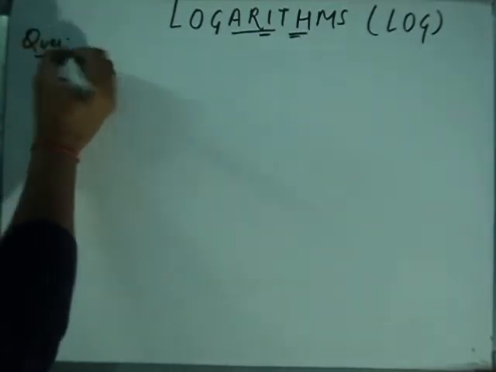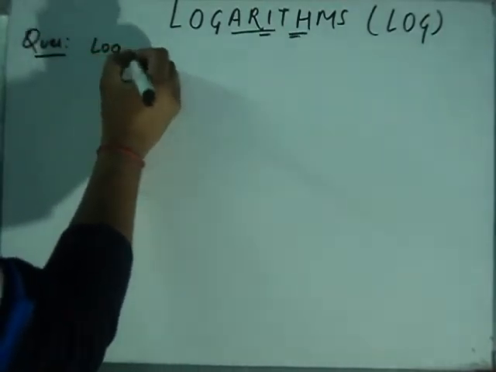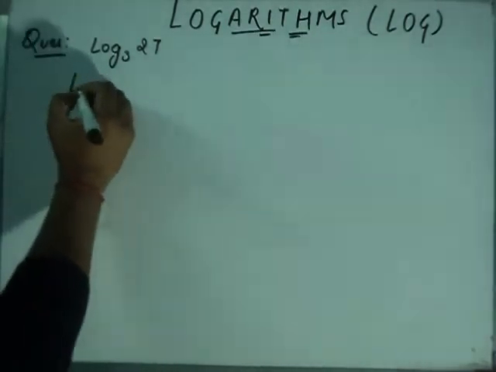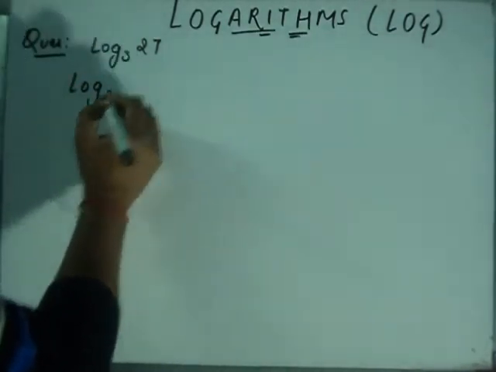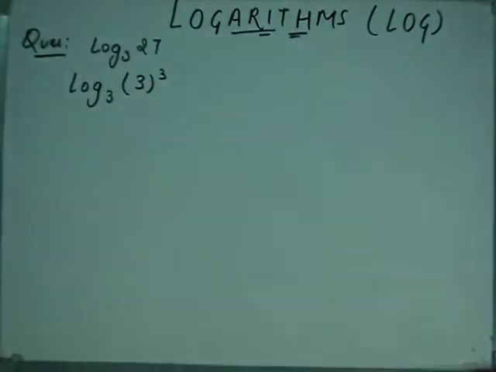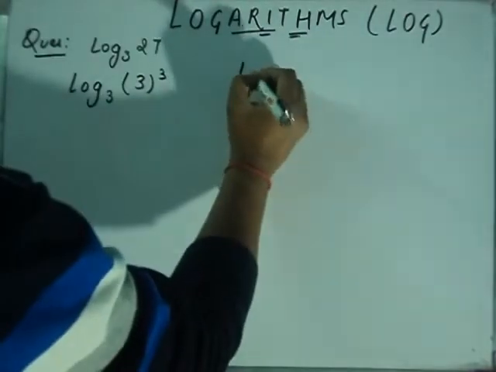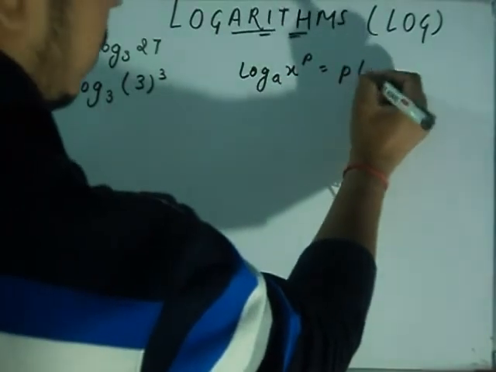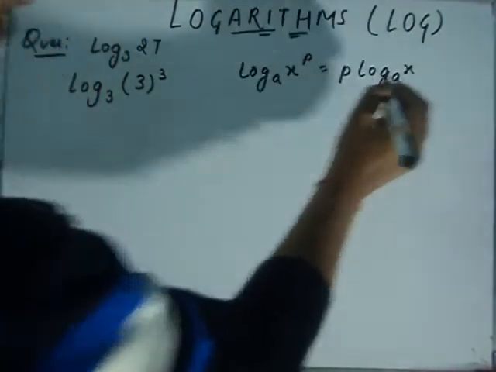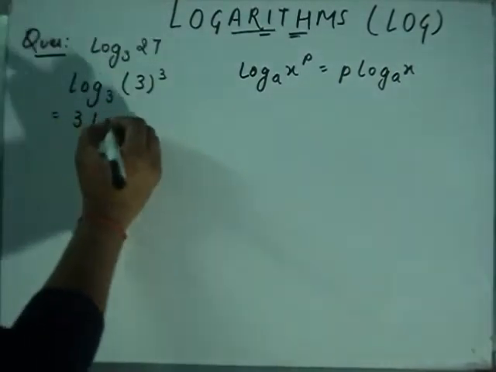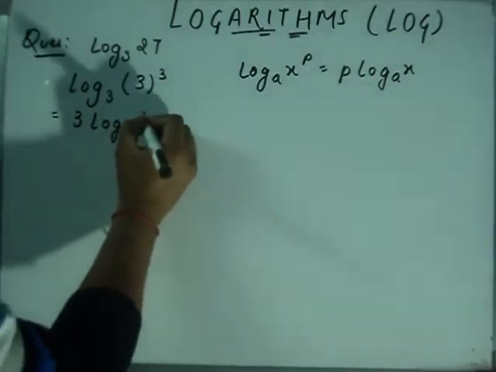Now suppose I have this value and I have to find the value of this log. So what we have to do is convert this form, we can write it as this form, and according to this law we get this answer. So I am going to change 3, move it here, and we get this value.